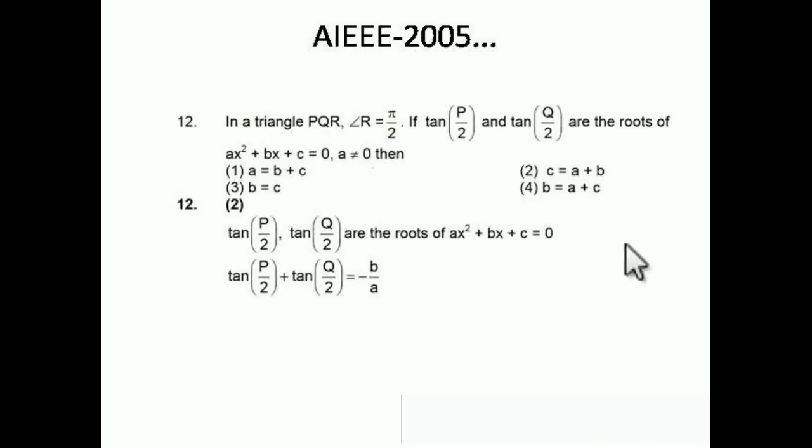How? Because for triangle, p plus q plus r is equal to pi, 180, and r is given pi by 2. That means p plus q is equal to 90, that means pi by 2. So p plus q by 2 means pi by 4. Tan pi by 4 is 1. So here at the right hand side we have 1.